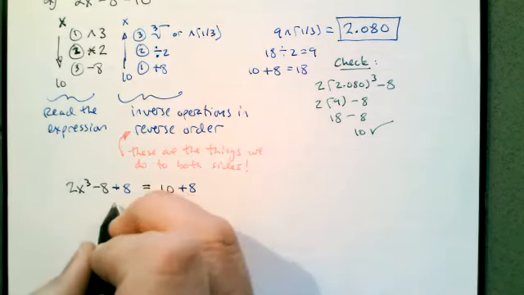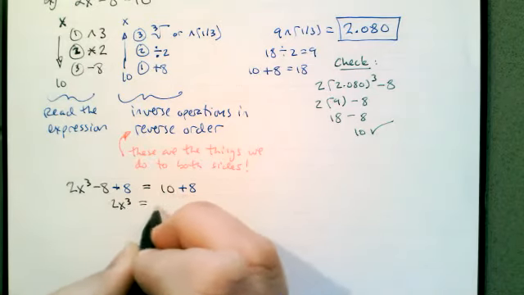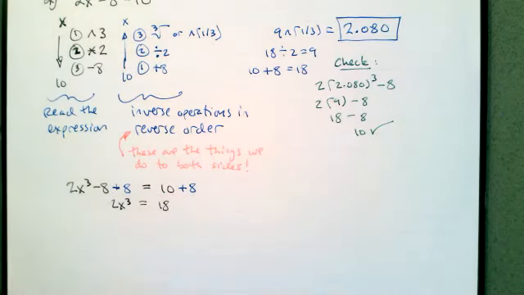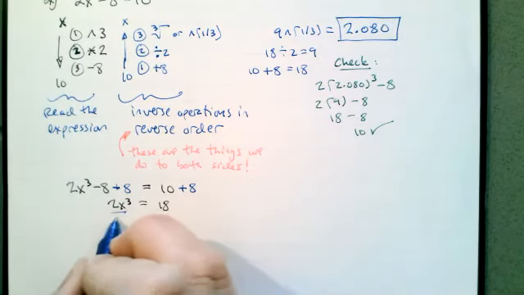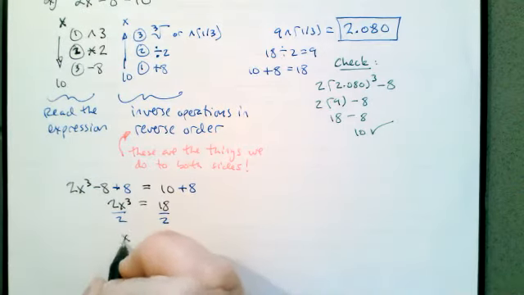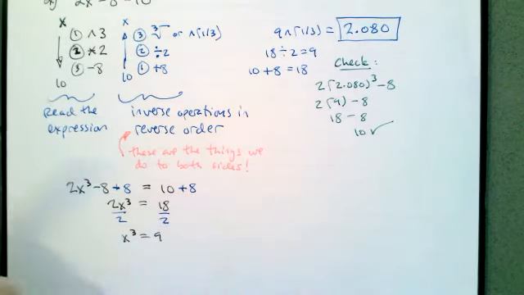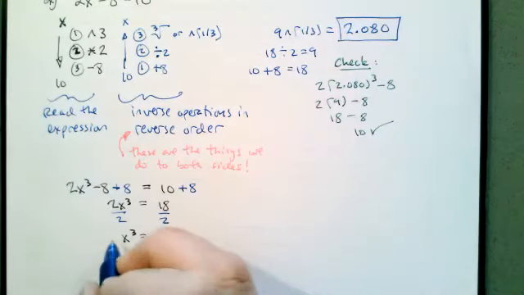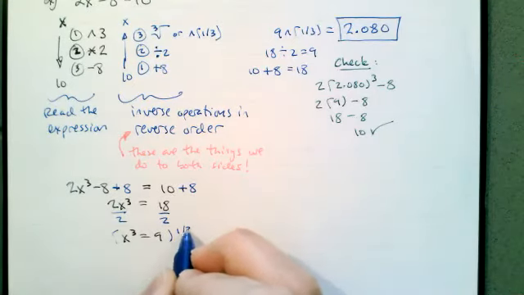And then 2x cubed is equal to 18. And then the next thing we do to both sides is divide by 2. And so x cubed is equal to 9. And then the next thing we do to both sides is raise both sides to the 1/3 power.